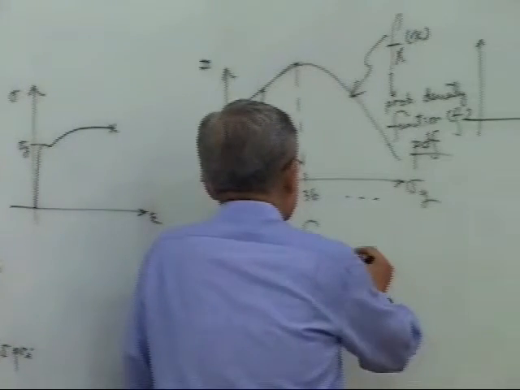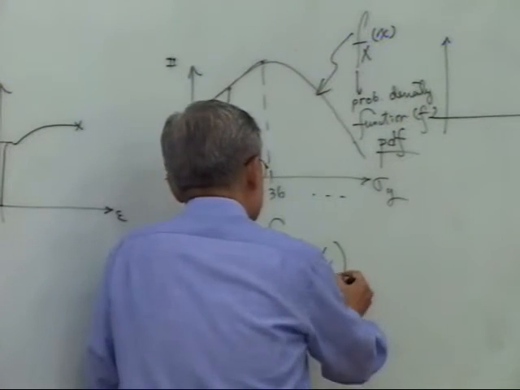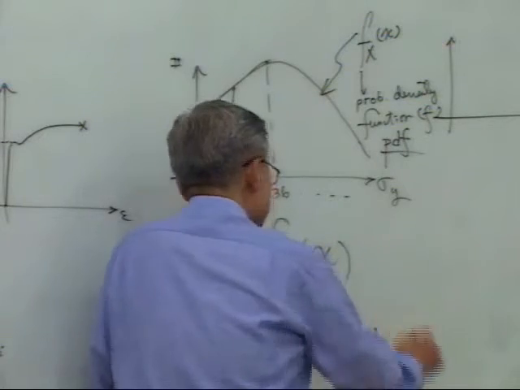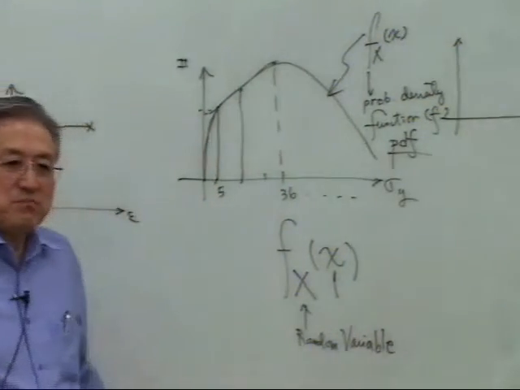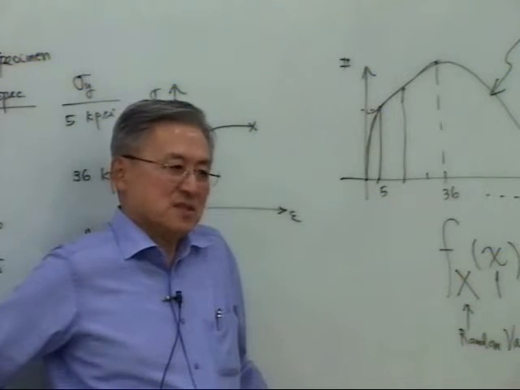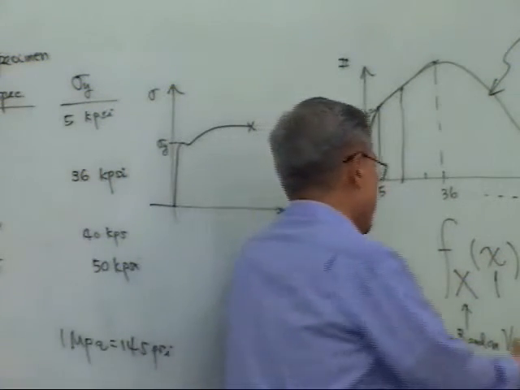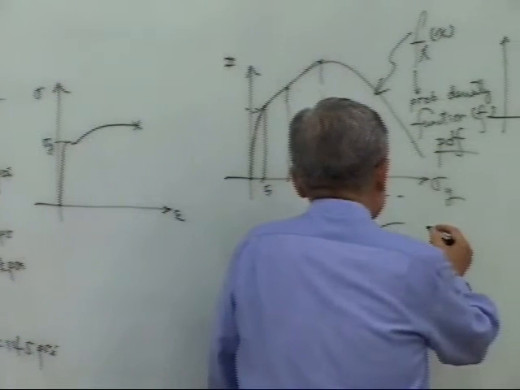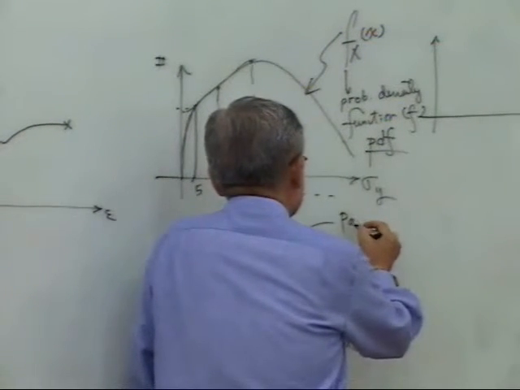And then I use a small x. Small x is a particular outcome, kind of the probability way of saying it.